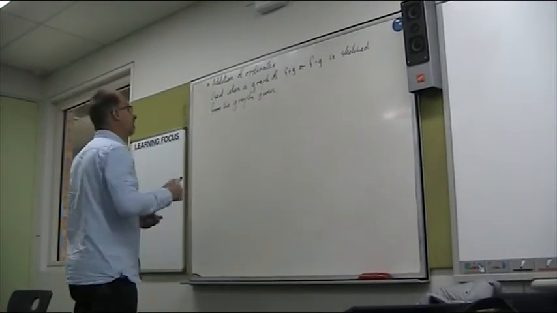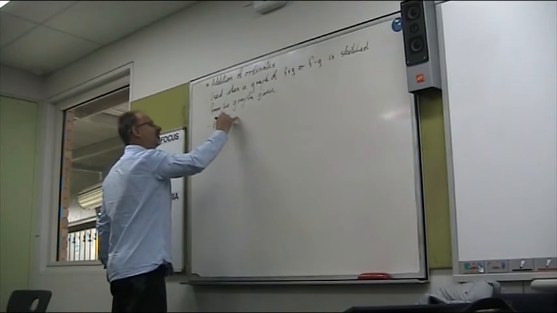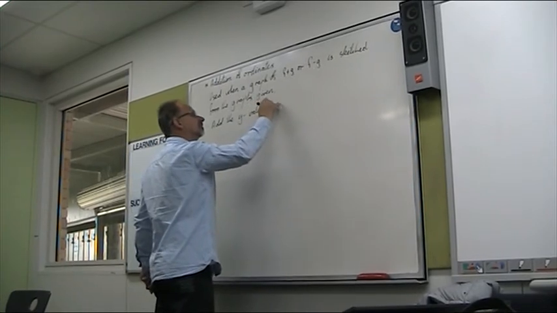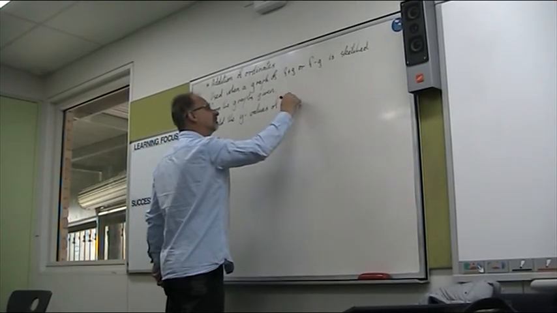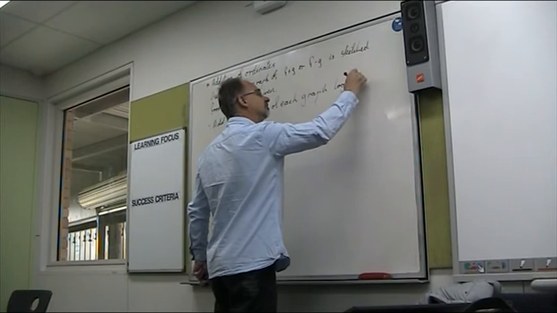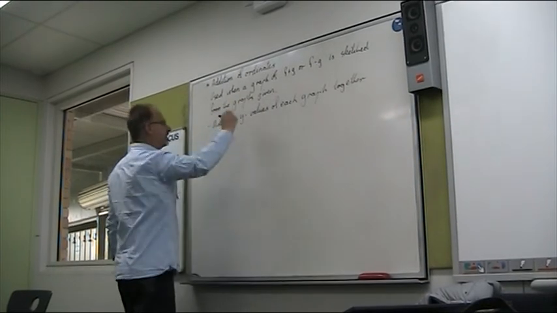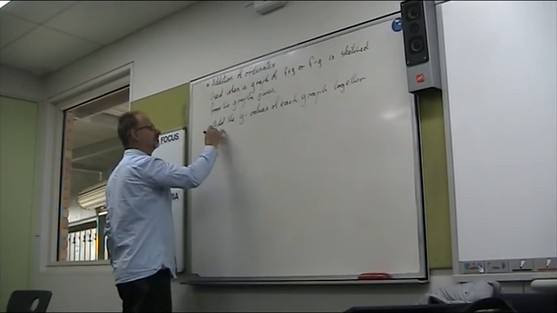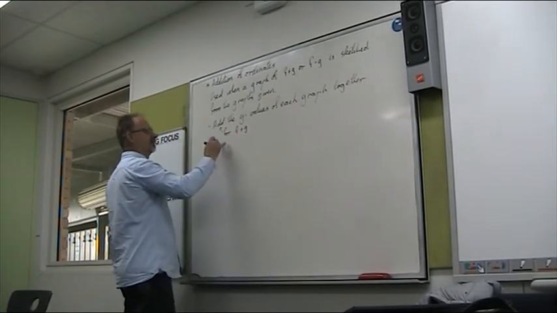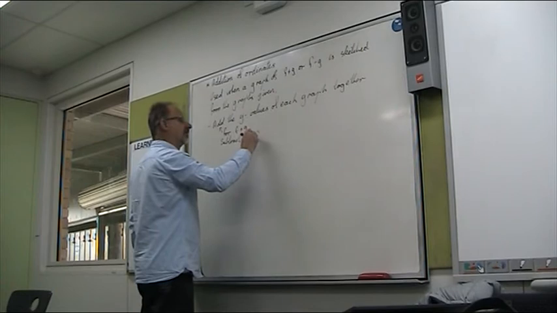What does it mean? It means that you add the y values together. It's add when it's f plus g, but we need to subtract when it's f minus g.